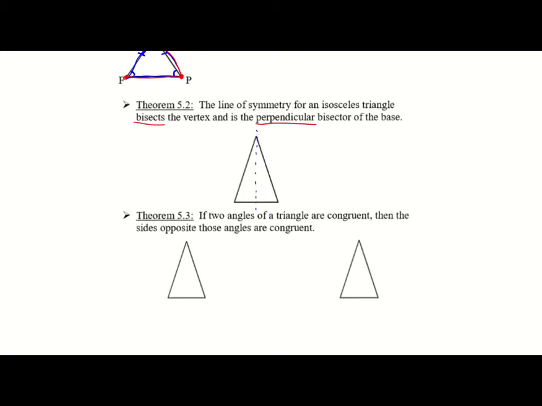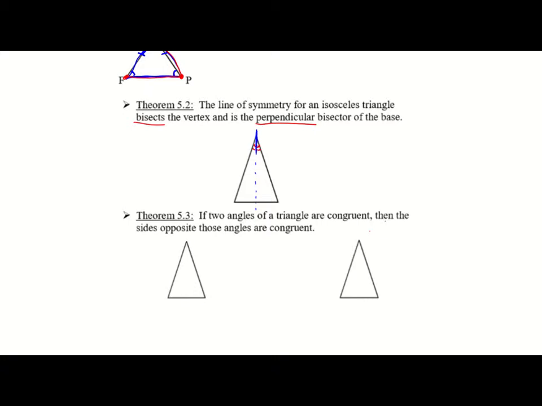Okay. So if this is my line of symmetry, they're telling me that it's going to bisect the vertex angle. So that means that this angle right up here, and that blue line goes straight through it. That means that both of those sides of my angle are going to be the same. So this side right here is the same as this side right here.